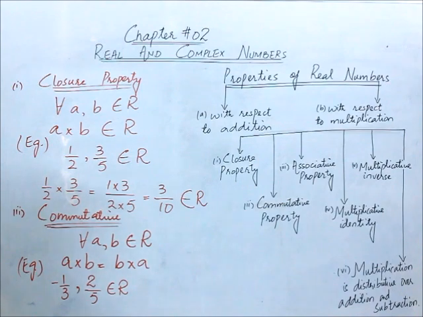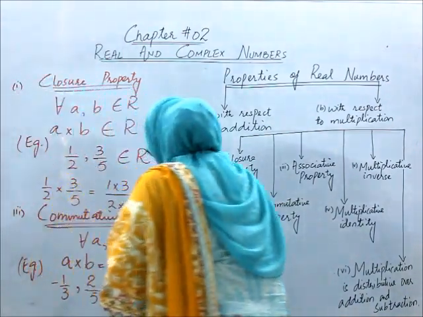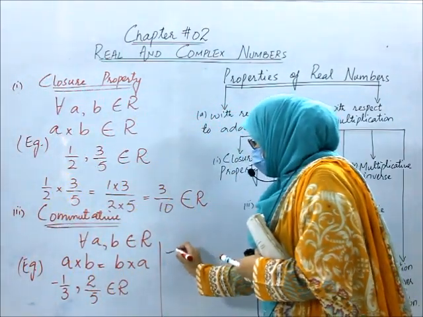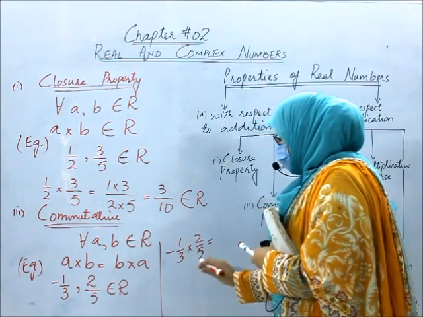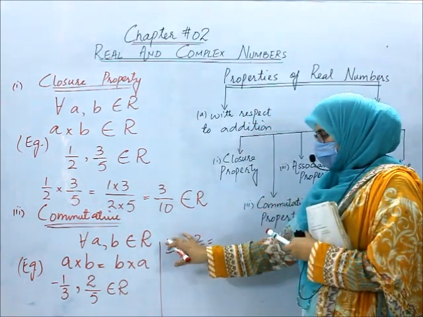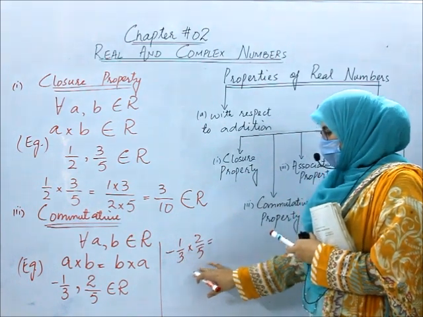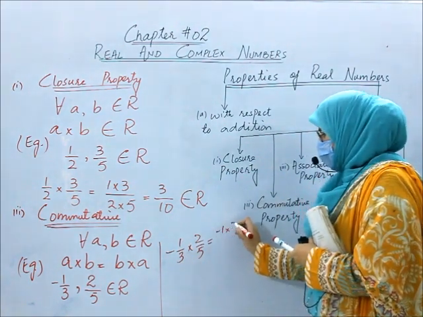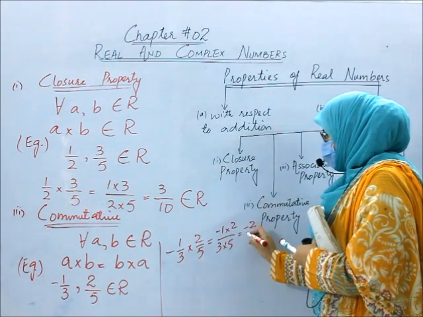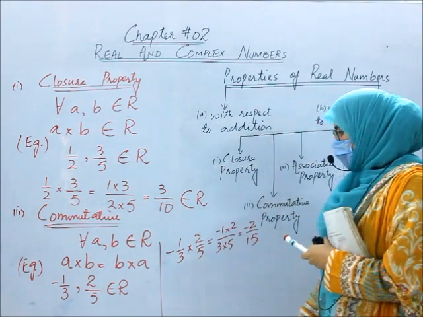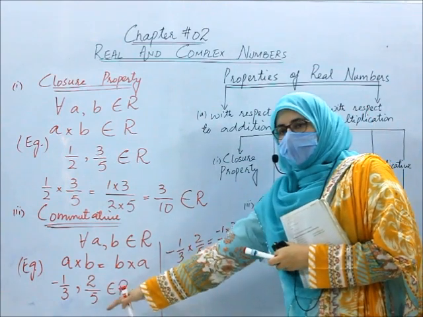So how would we verify this property now? When we multiply -1 by 3 into 2 by 5, what would be our answer? Numerator would be multiplied with numerator and denominator with denominator. 3 into 5. So this is -2 by 15. Now what if we change the order?